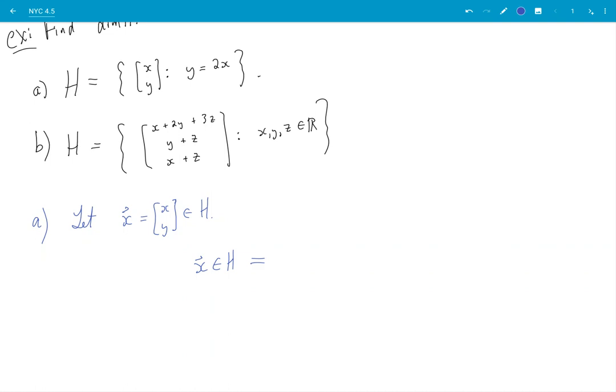So if X is in H, then Y is equal to 2X. So that means that the vector X, Y is actually X, 2X, which is X times (1, 2).